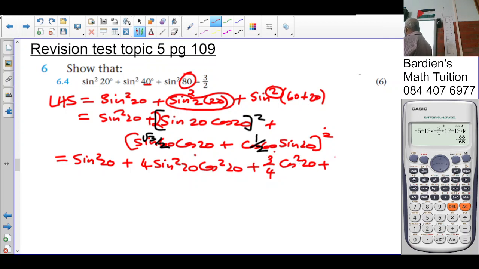So that is going to give you root 3 over 4 cos 20 sine 20, plus a quarter sine squared 20.